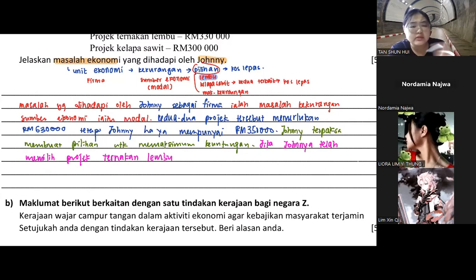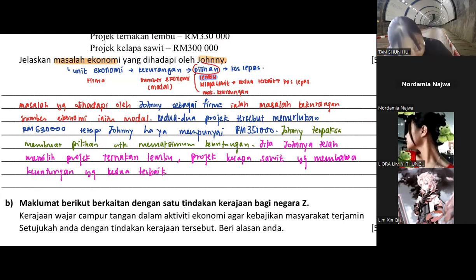Now, jika Johnny telah memilih projek penternakan lembu, then what happened? The next project, the leftover project kelapa sawit, what happened? Yang membawa keuntungan yang kedua terbaik, okay, terpaksa dilepas.